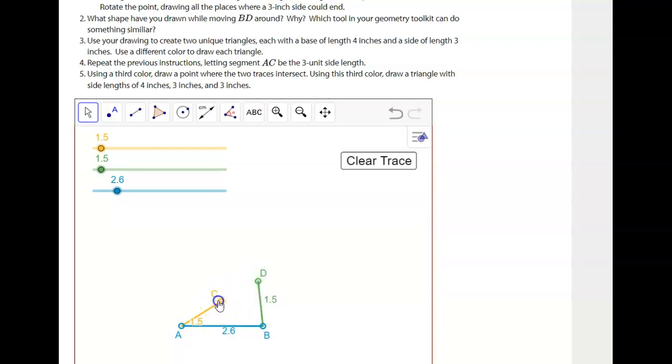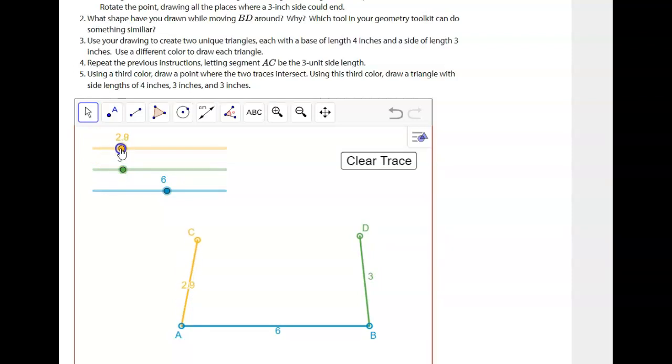So let's explore a little bit more here. If I take this blue one and increase the size to 6, and each of the other sides to 3, will this make a triangle? Well, what I just said was the sum of these two sides... will this make a triangle? Almost looks like it will, but it's not going to, because these sides are going to land flat.